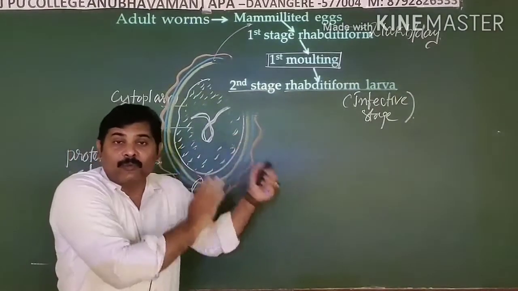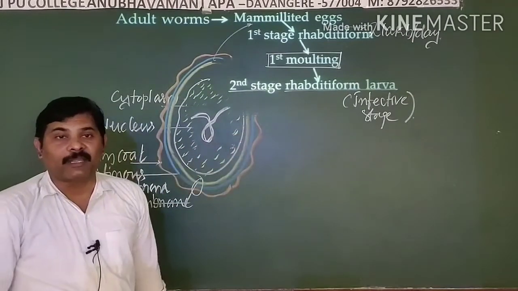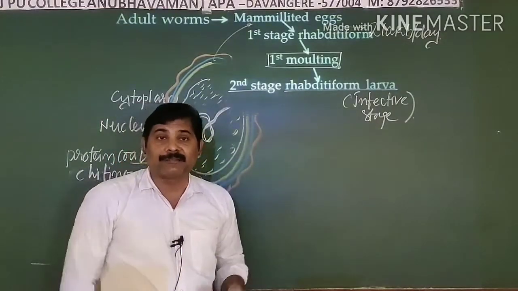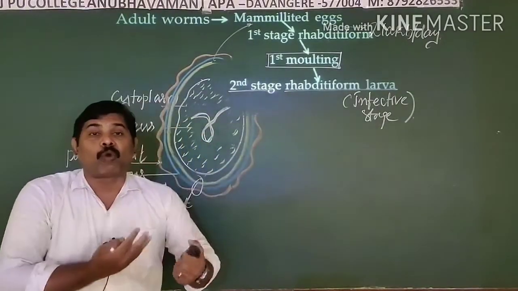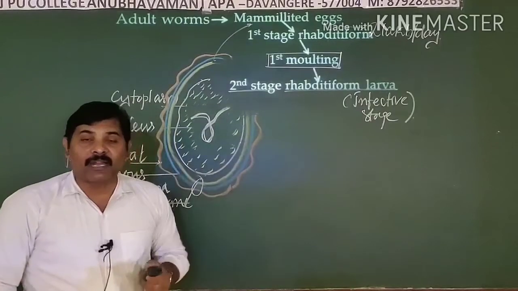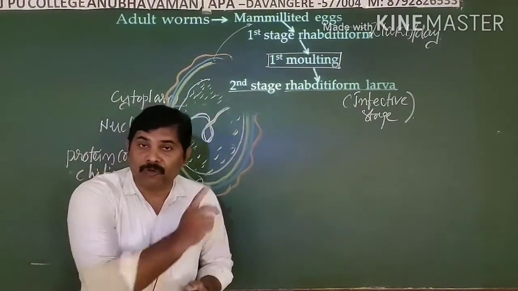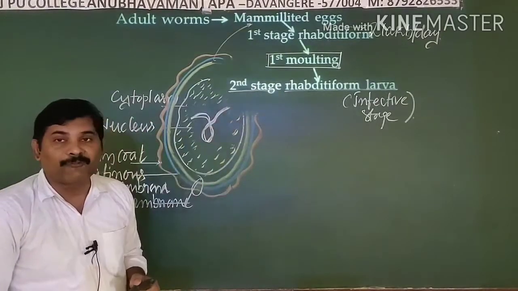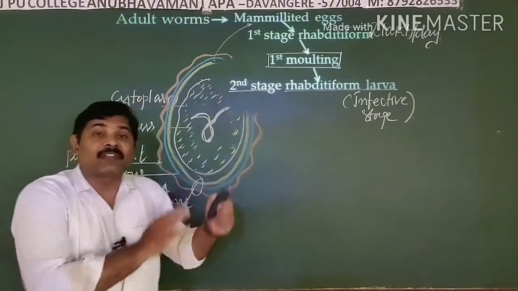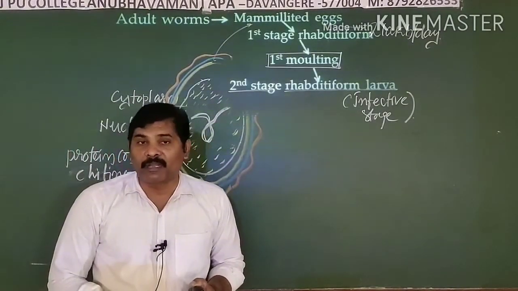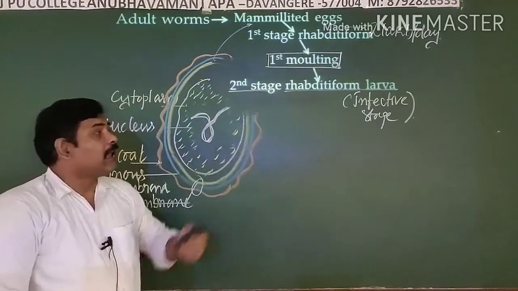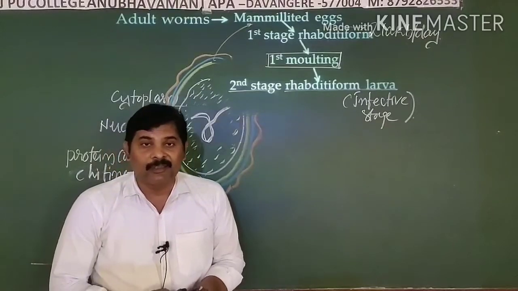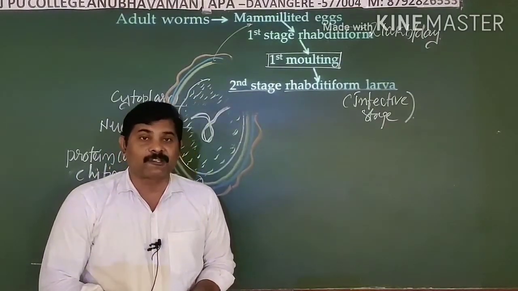This is the stage at which it enters the human body. These second stage larvae are present in the soil, and if the water, fruits, vegetables or food you take become contaminated by this rhabditiform larva, and you consume them without disinfecting, then the larva enters your body and causes infection in us.